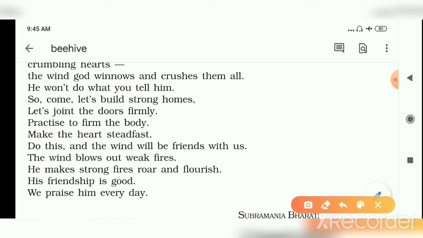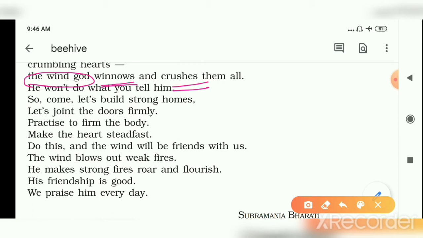The wind god, આપણે પવન દેવતા કહીએ છીએ. પવનનો જે દેવ છે, the wind god, winnows and crushes them all. Winnows and crushes, crumble. Very simple, crumble.